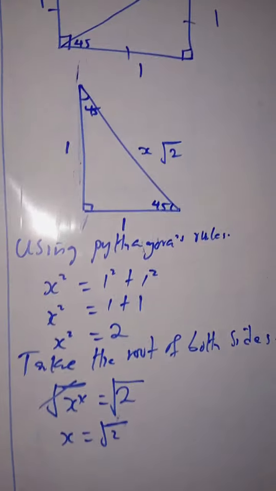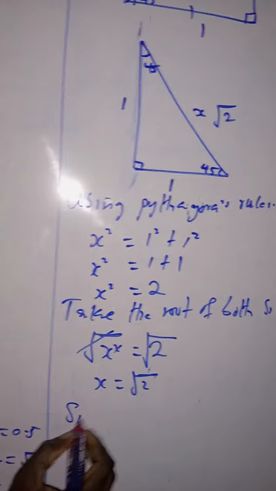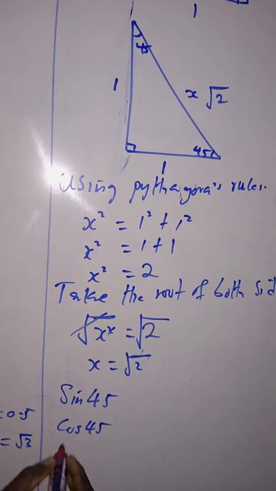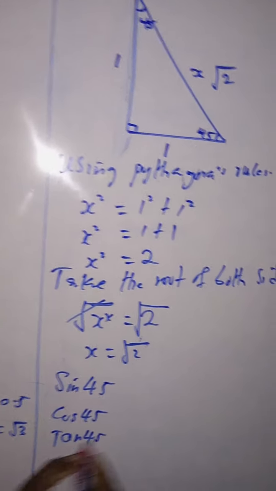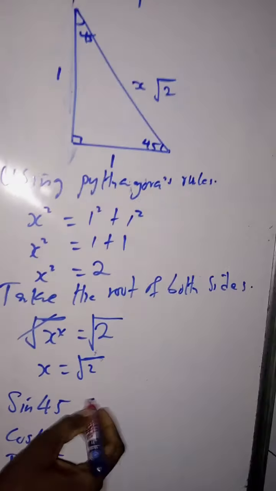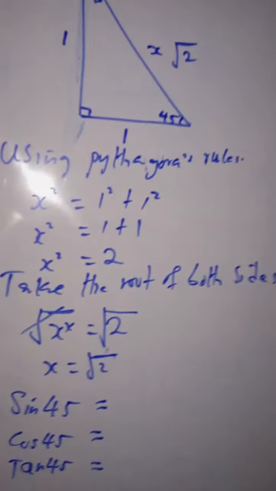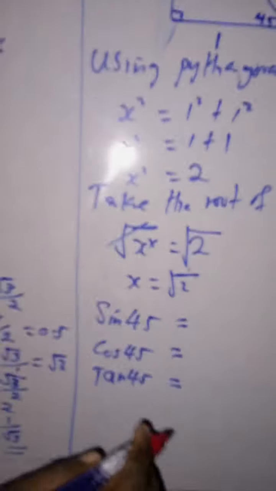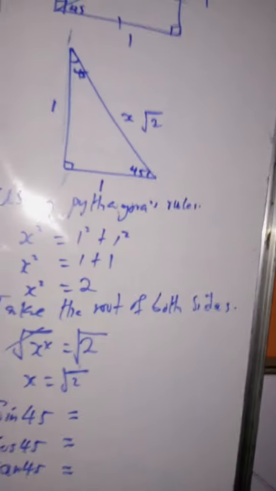So this one too, we could use it to get our sine 45, our cos 45, our tan 45, and cosec and sec, cot and the likes. Now, anyone you choose there gives you the same.